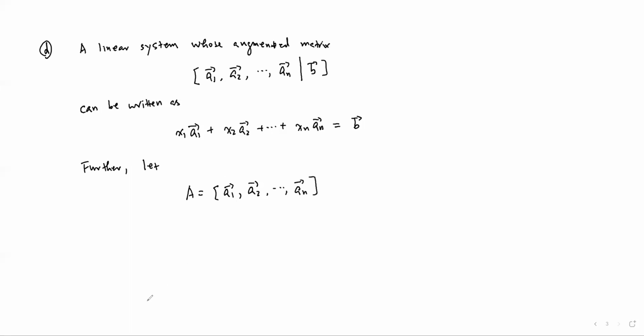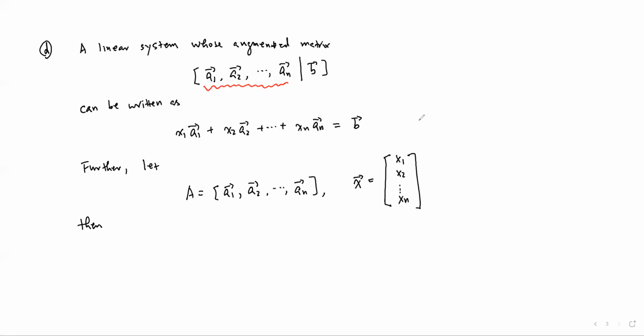Actually, this matrix A is the coefficient part of the augmented matrix. And X, this vector, is the vector of the unknowns x1, x2, ..., xn.